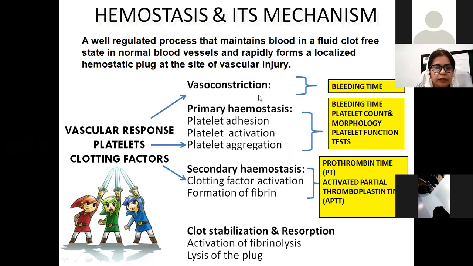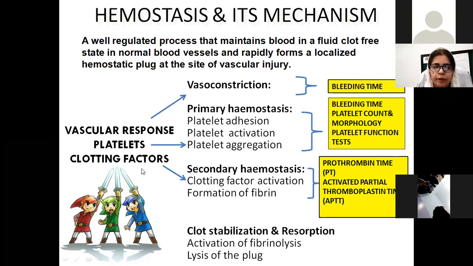In this way, the loss of blood is minimized, followed by platelet activation, which gives rise to a temporary or the initial hemostasis called primary hemostasis. Platelets bring about the formation of a platelet plug through different steps, which include platelet adhesion, activation, release phenomena, and platelet aggregation.